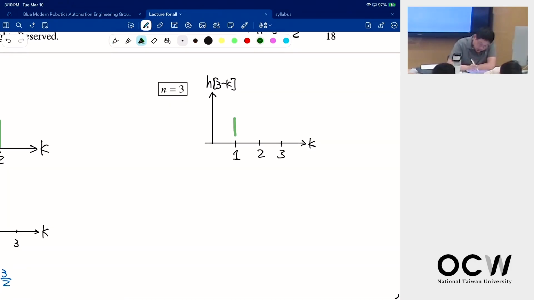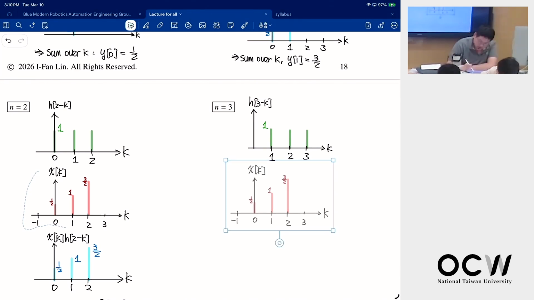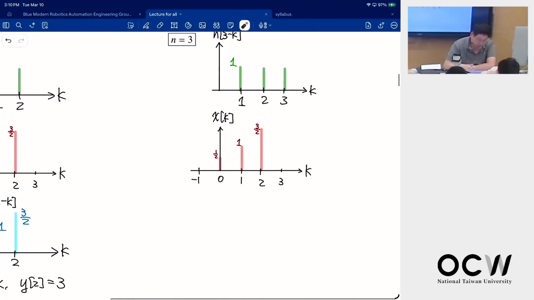Here I have 1, 2, and 3, and then we still copy x. Here you can see that I have values 1 and 3 over 2.